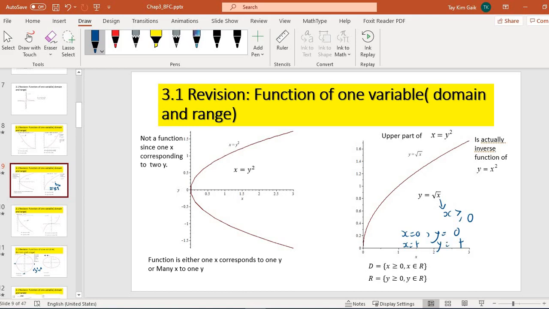When x is 0, the square root of 0 is 0. When x is 1, the square root of 1 is 1. When x is 4, the square root of 4 is 2. So the values go from a minimum of 0, keep on increasing to positive infinity, and the range is y greater than or equal to 0.